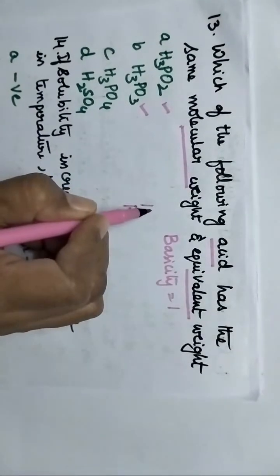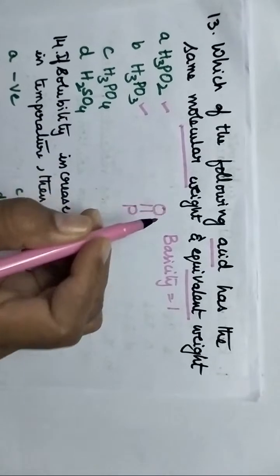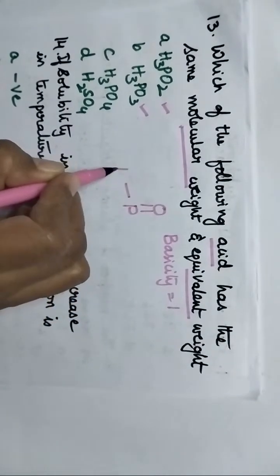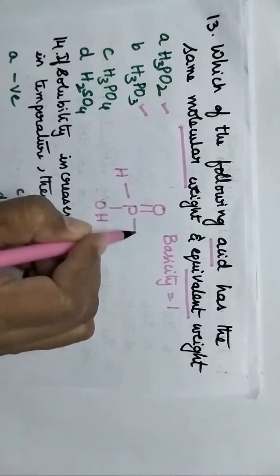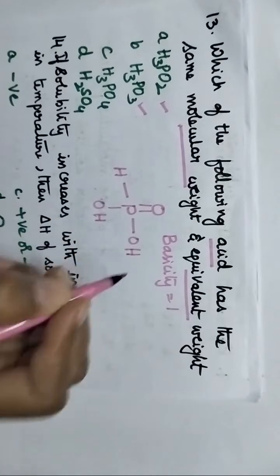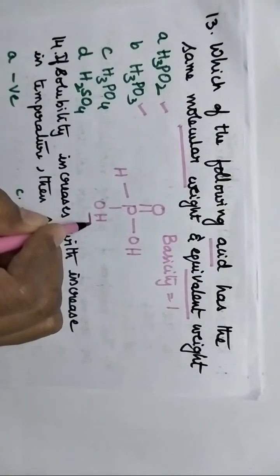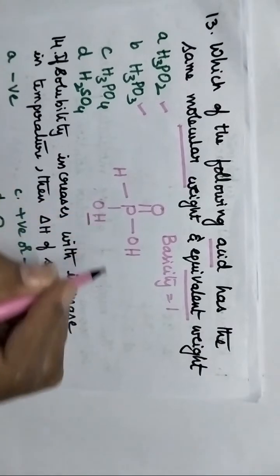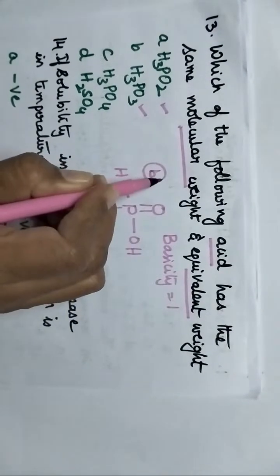So its structure is P double bond O, hydrogen, OH, OH. You just remember carefully. Charan Sai, very good, you gave the right answer. Hydrogens which are directly attached to the oxygen can be replaced. So it is the structure of phosphorus acid, that is B.